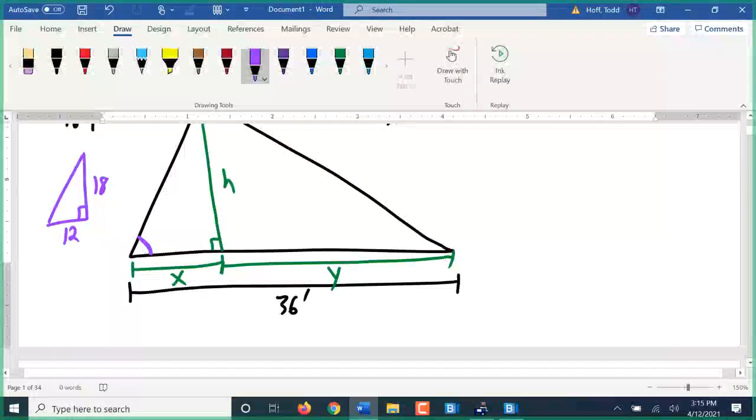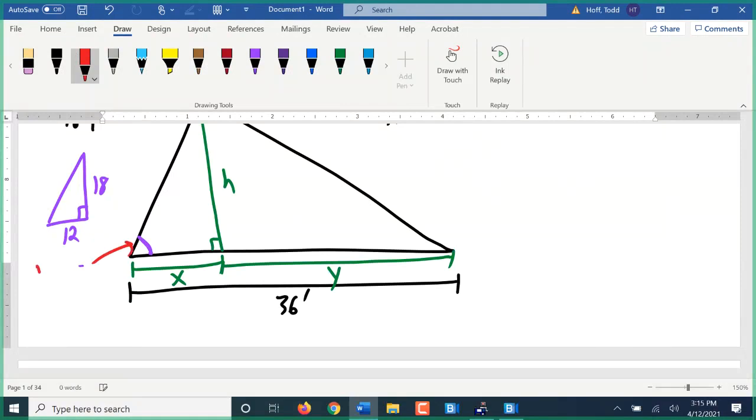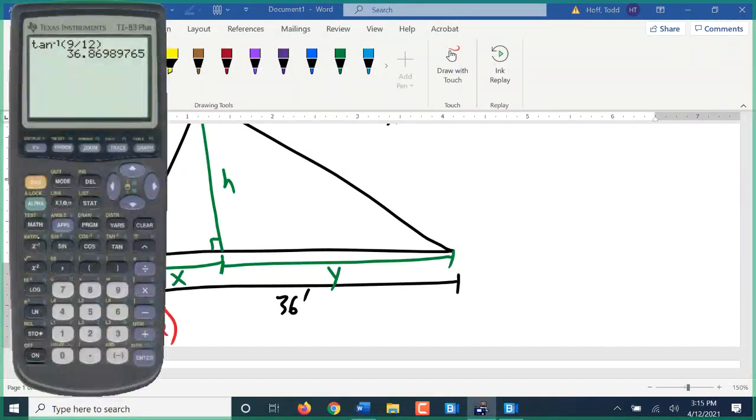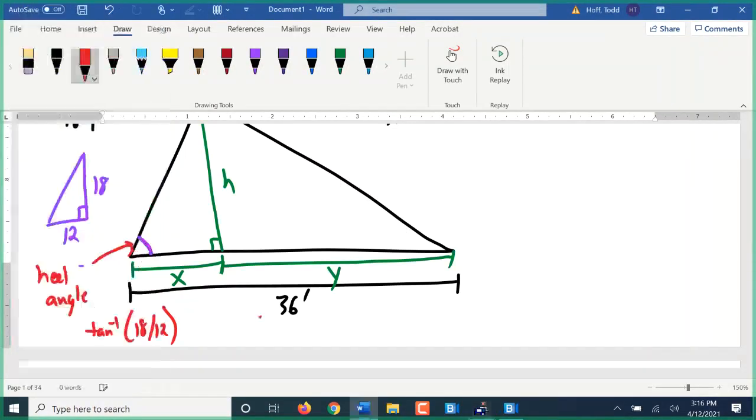The heel angle, which is what this is here, is always just the inverse tangent of the slope. Inverse tangent of 18/12 gives me 56.31 degrees.